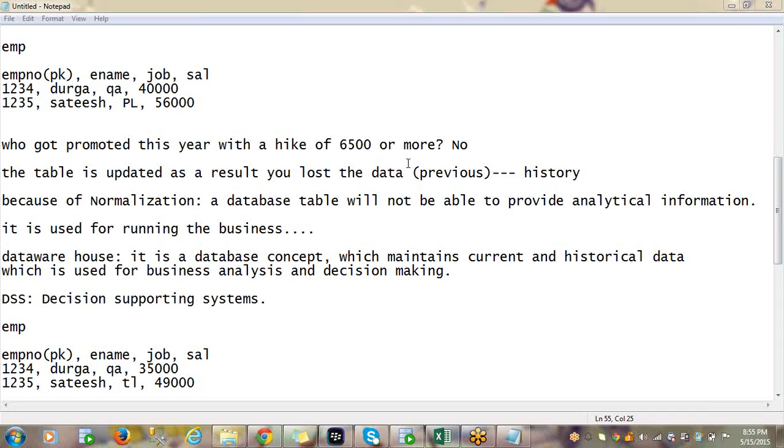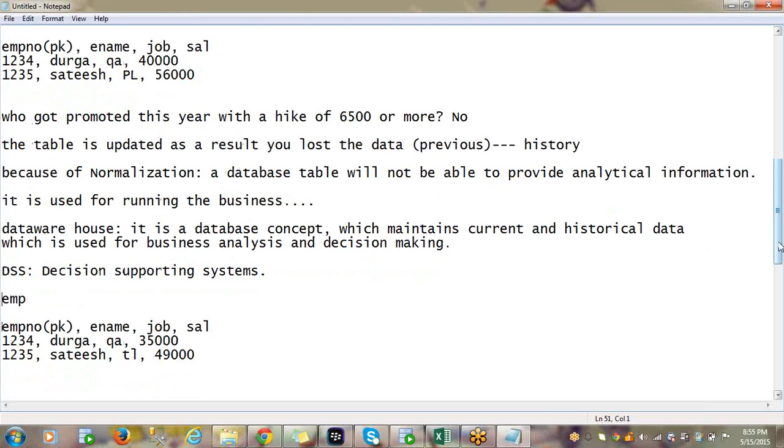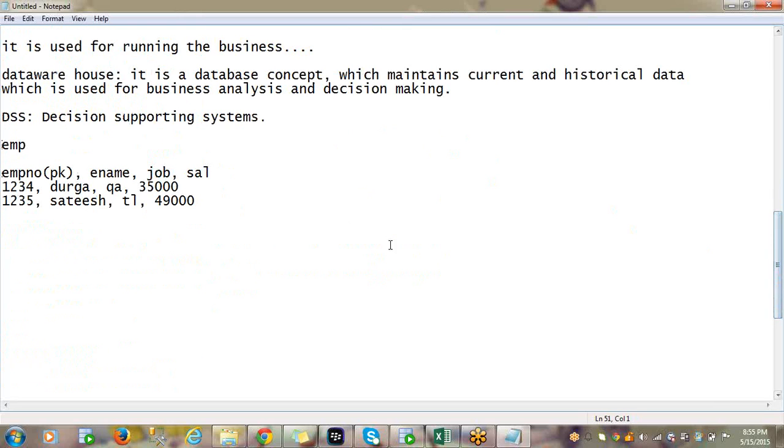All right, so this is our original EMP table and it is normalized, right? Now, in order to work on the data, our data warehouse is constructed in such a way that it will be denormalized.